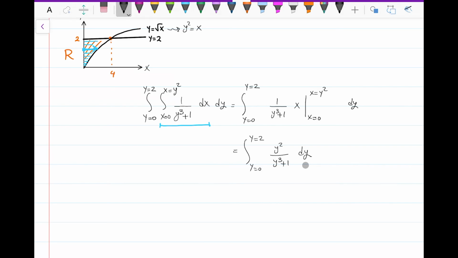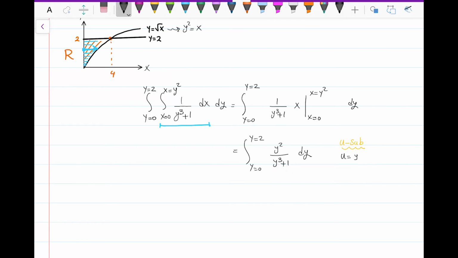Now I need to solve this integral. It is not familiar, so we need to use u-substitution. I need to take something as u. As you see, whenever we have a fraction, it's better to use the denominator as your u.